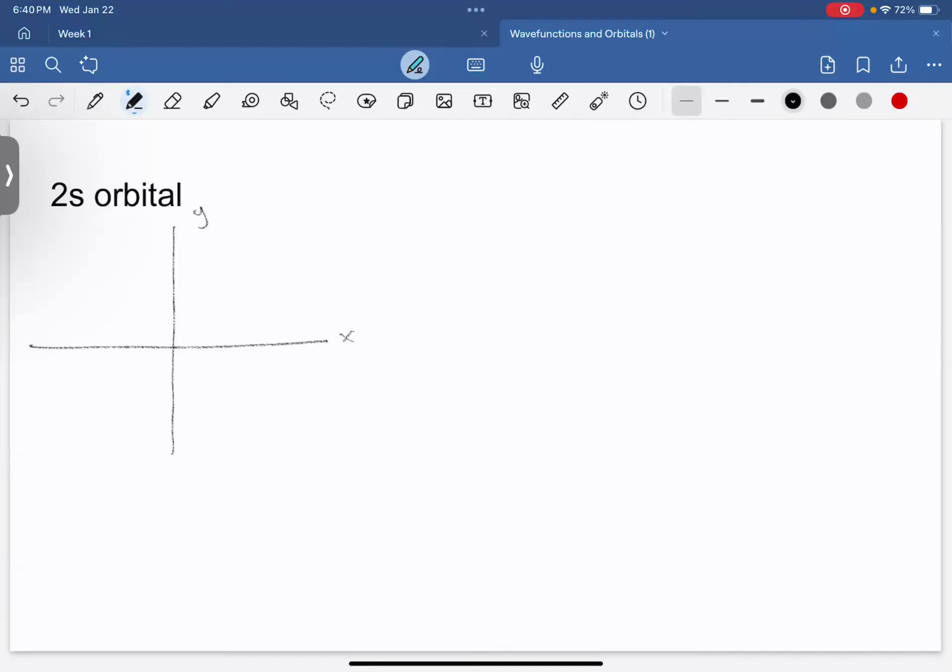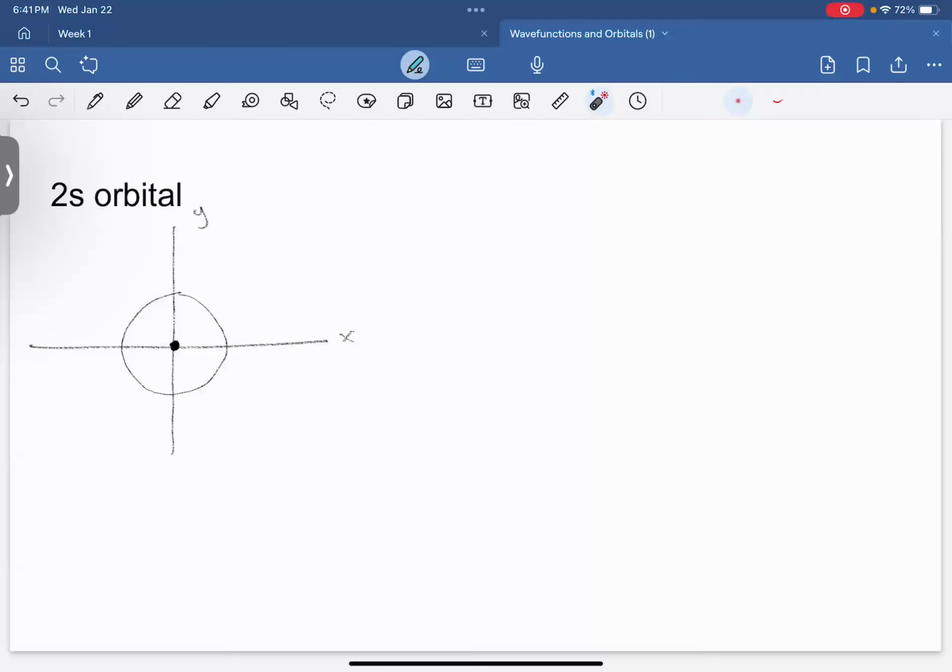A radial node is a node that occurs at a fixed distance from the nucleus. So here's my nucleus in the middle. The distance to the node here is the same as there, same everywhere.